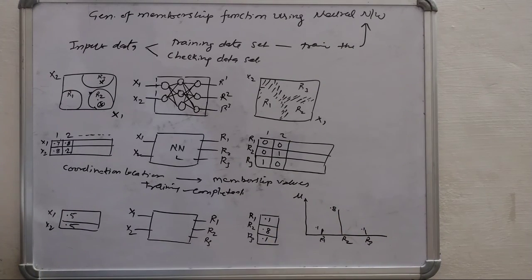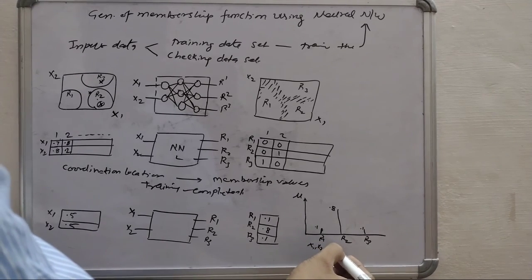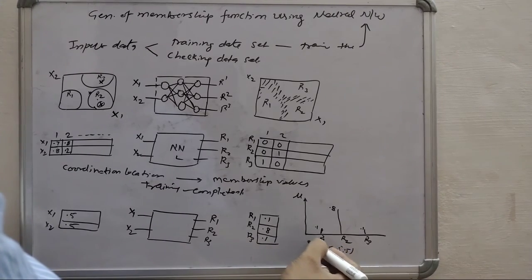This is for the data point x1, x2 equal to 0.5 and 0.5.